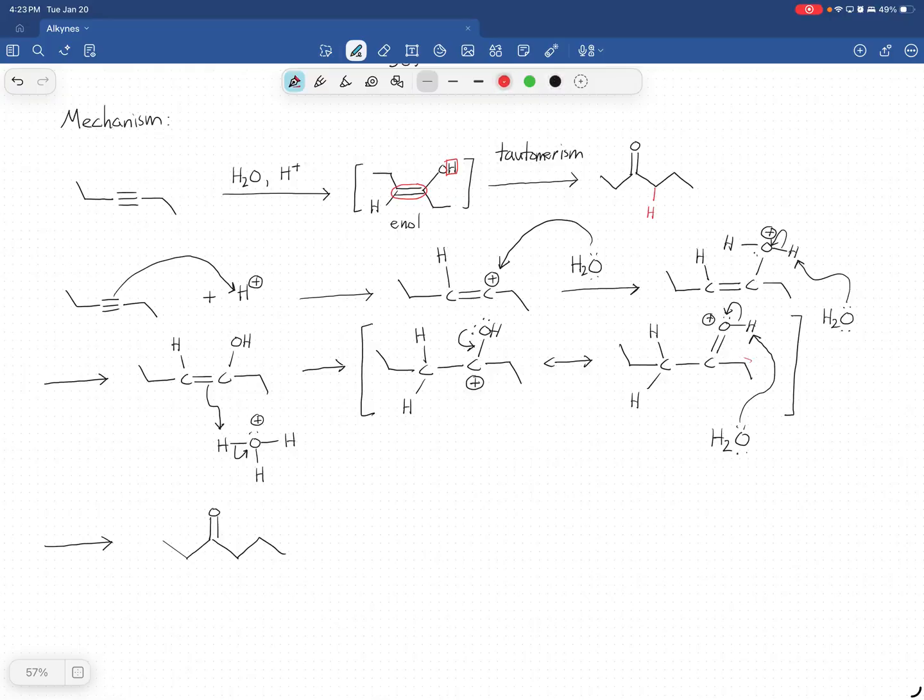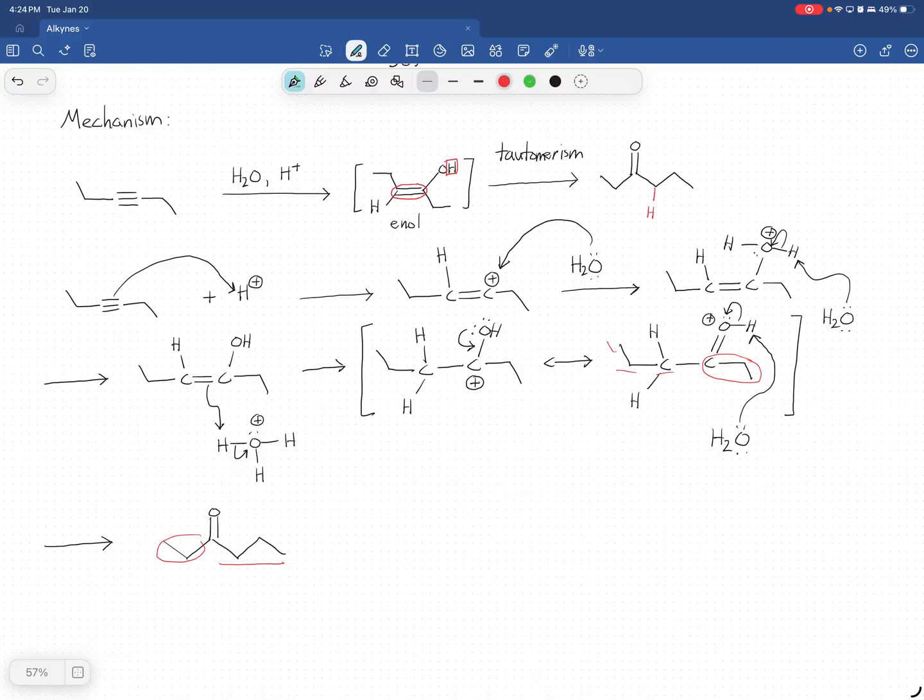So if we highlight this end right here, this end is right here. And then the three other carbon atoms, CH2, CH2, CH3, that's this part right here. So that's how the double bond formed.